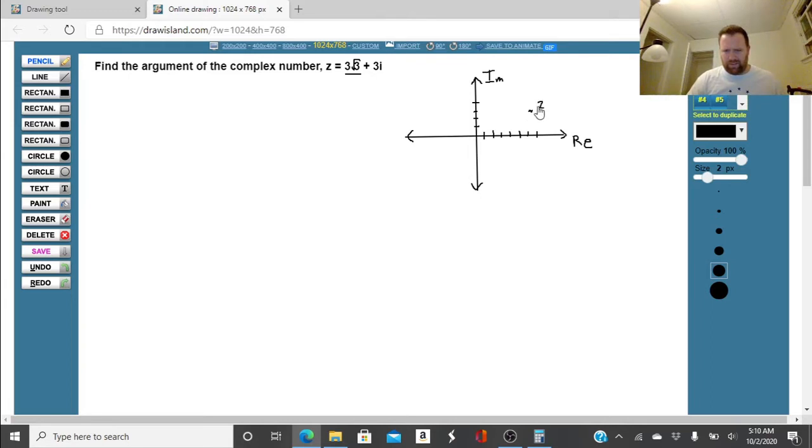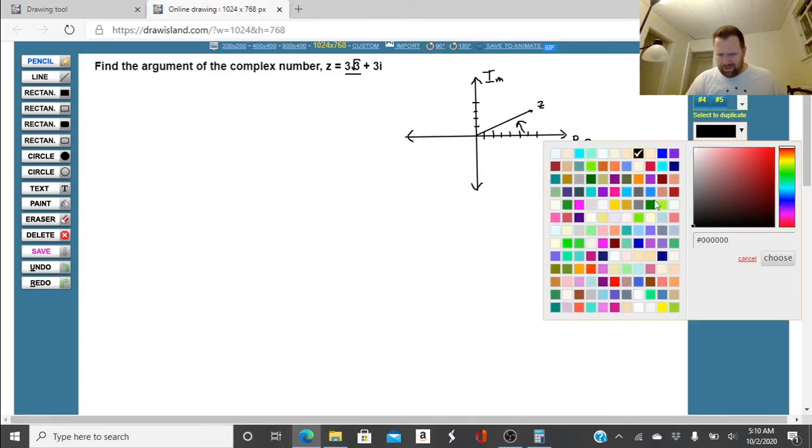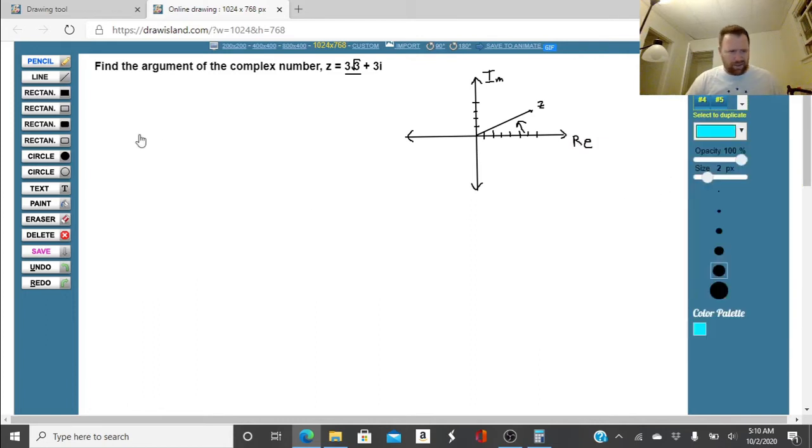is my complex number. Now what they want me to find is going to be this angle from the positive real axis. So let me highlight that in a light color, see if that shows up.